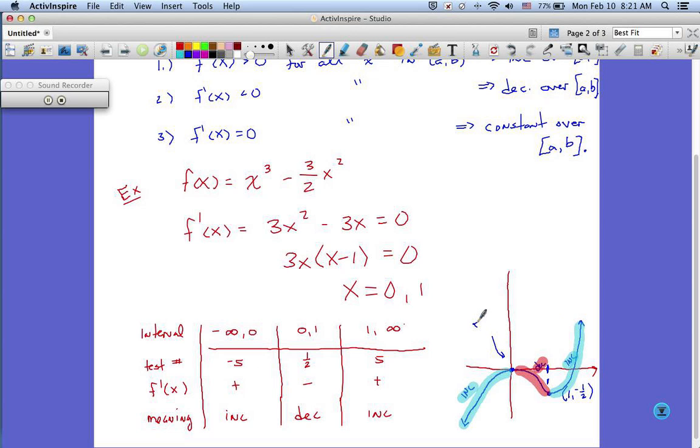This is a relative max by the first derivative test. Right? I don't need to plug in that point anymore to determine which one's bigger and which one's smaller, because I see it goes from increasing to decreasing. And likewise, decreasing to increasing, or negative to positive, that means this is a relative min. And notice the change occurs at 1 and at 0. So your c value is 0, your c value is 1, so 1 comma negative 1/2 is your c comma f of c. Okay?